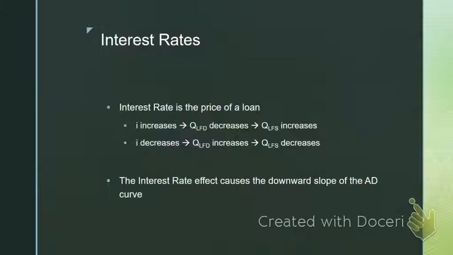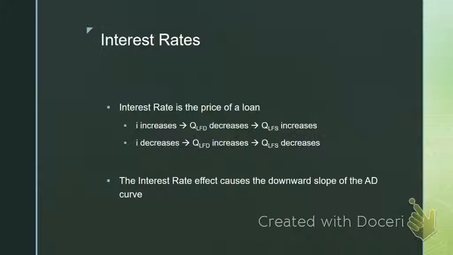If interest rates decrease, the quantity of loanable funds demanded increases because people can borrow the loanable funds at a lower interest rate, so the demand for it is going to go up, but the supply is going to go down because people that are supplying the funds aren't making as much interest off of the loan.